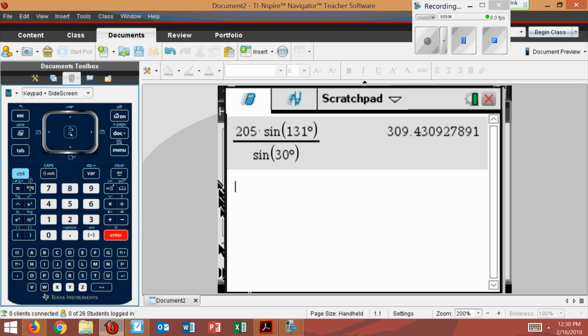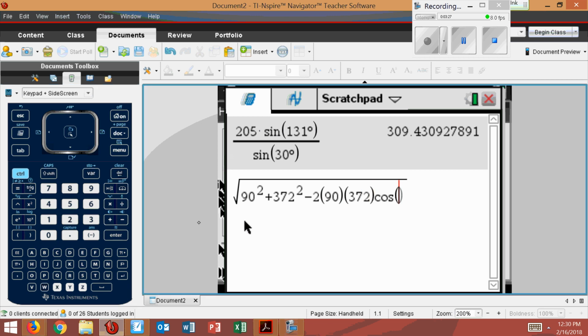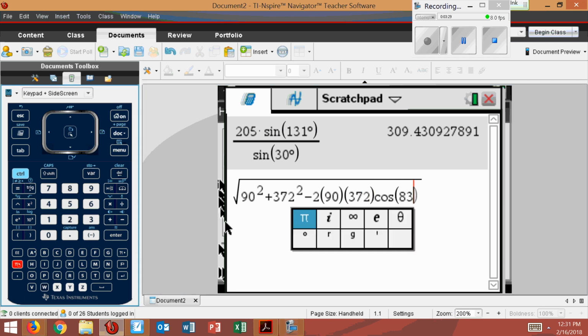So we go to our calculator and take the square root of 90 squared plus 372 squared minus 2 times 90 times 372 times the cosine of angle A, which was 83 degrees.